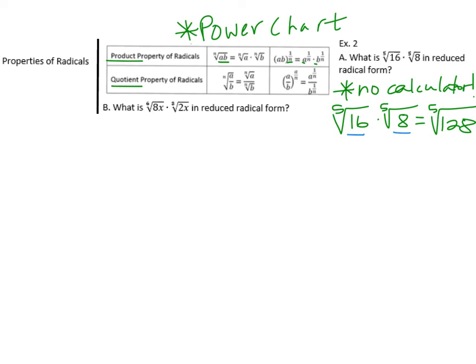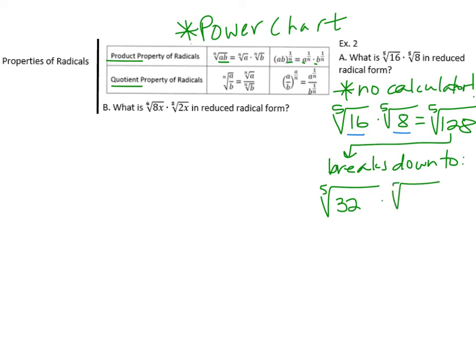And if you take 128 divided by 32, you get 4. So we can actually break this down into the 5th root of 32 times the 5th root of 4. It's a product because 32 times 4 would equal 128.